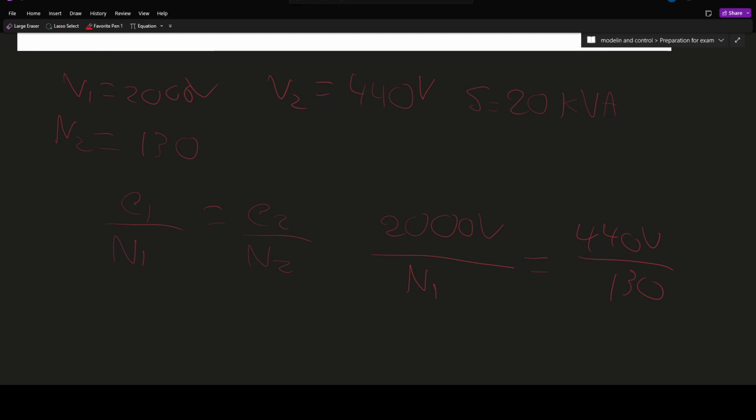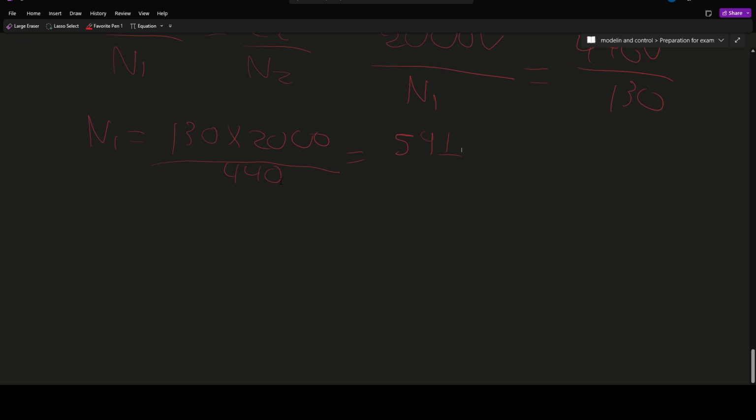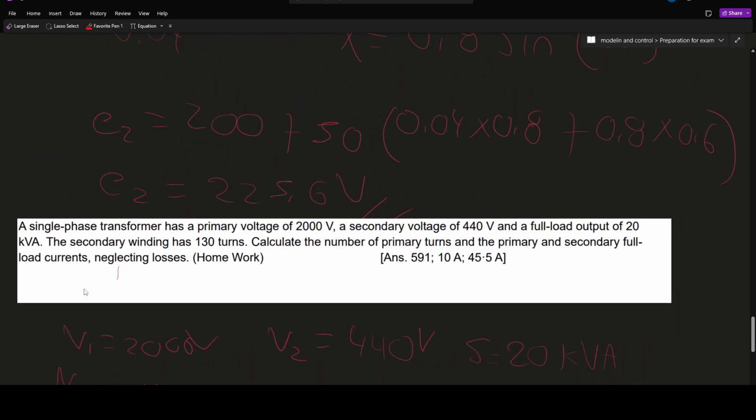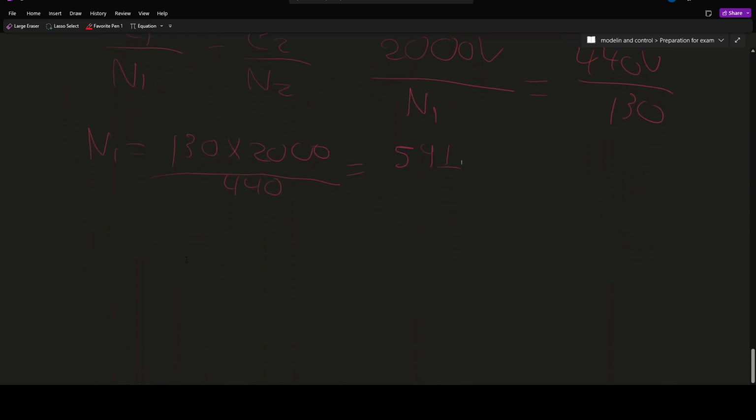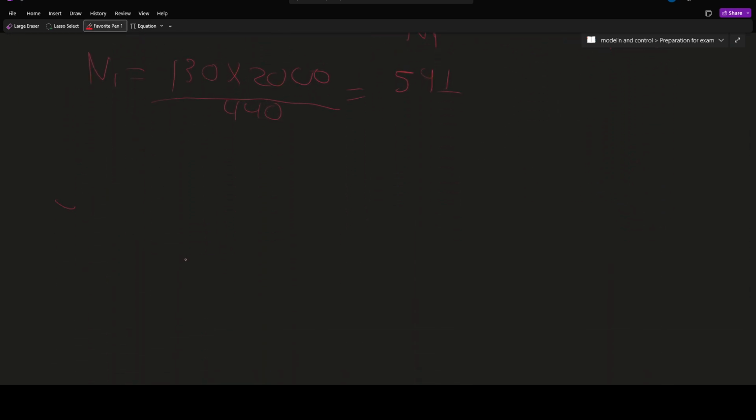Now we just need to solve for N1. So N1 is just 130 times 2000 over 440, and this will give us approximately 591 turns. Now it is asking us for the secondary full load current. We know that the apparent power is voltage times current, and we want current, so we divide the apparent power over the voltage.